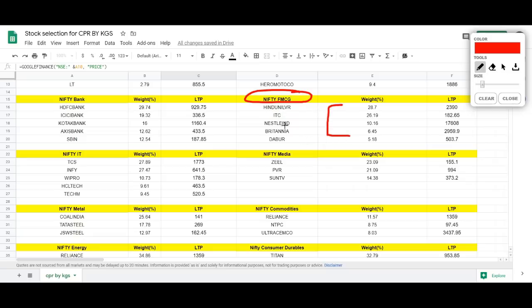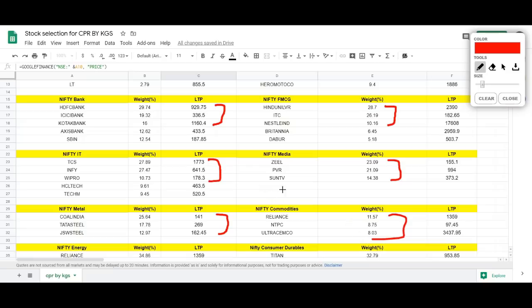Now even here, if you want to focus on good quality stocks, focus on the top 3 in each sector. That is my personal advice: you can focus on the top 3 stocks in each and every sector.